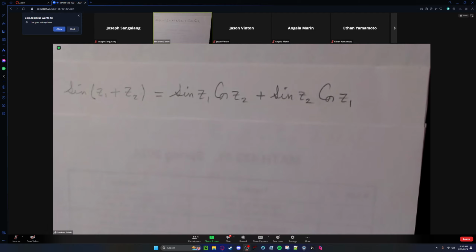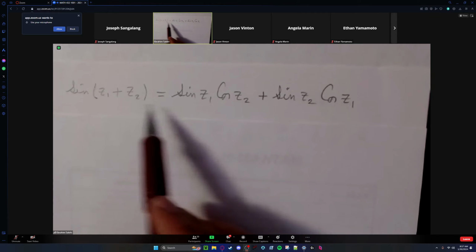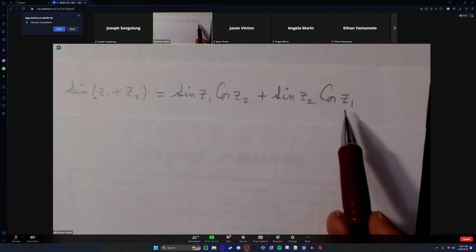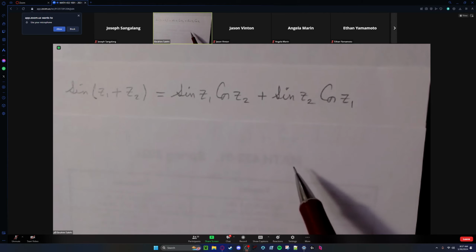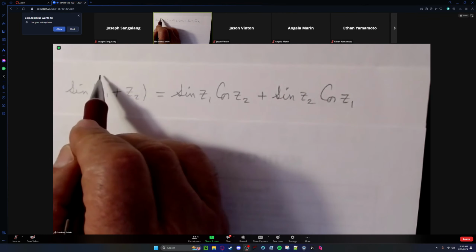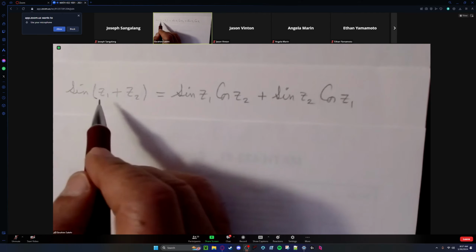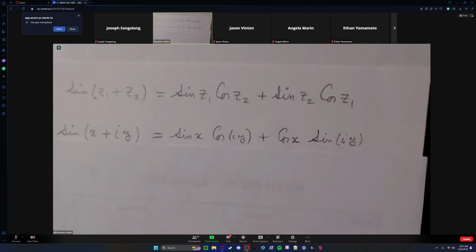This is true for any two complex numbers, this identity. Especially, this is true when you have x plus iy, which is z.